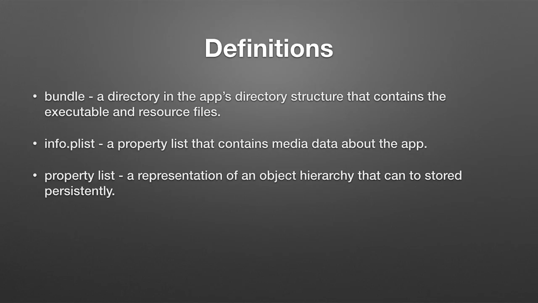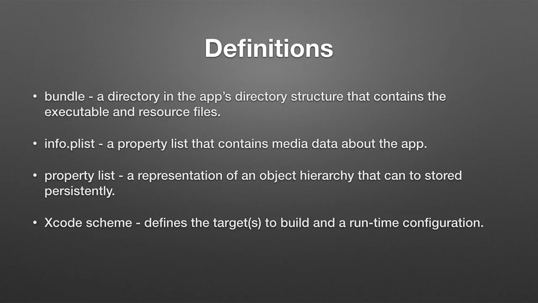And there's only certain objects that could be in here, for instance, bools, NSNumbers, strings, that type of thing. So the plist is a particular type of property list with certain specific keys.